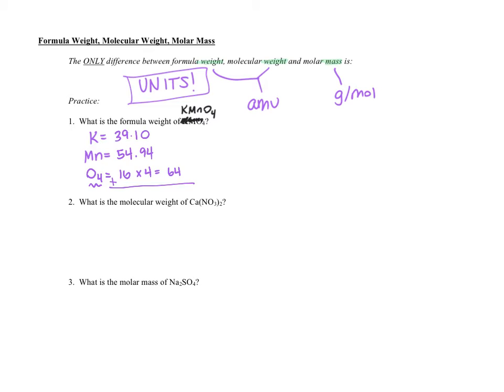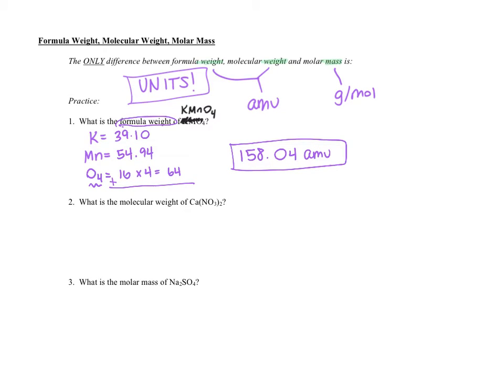Then you simply add them all together, and you get a total of 158.04, rounded to 2 decimal places. And then the unit, again, comes from what it is. This is formula weight, which tells me my unit is AMU. So that is my answer, 158.04 AMU.